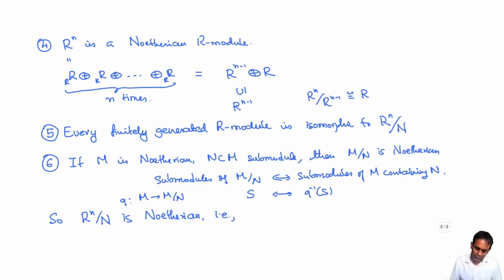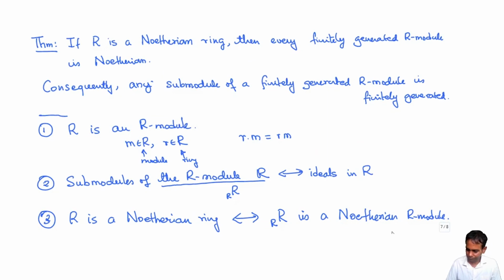But every finitely generated R module is of the form R^n mod N. So every finitely generated R module is Noetherian. So what we have is any submodule of a finitely generated R module is finitely generated. That's the main theorem of this lecture.